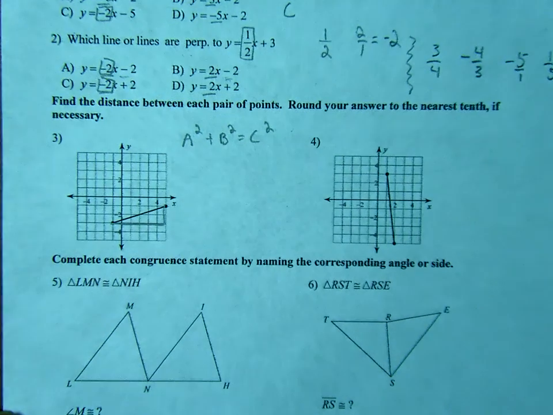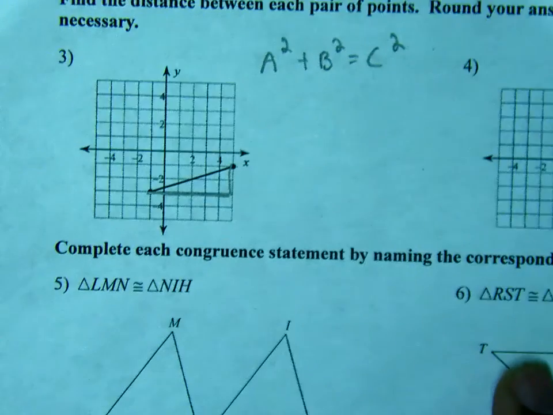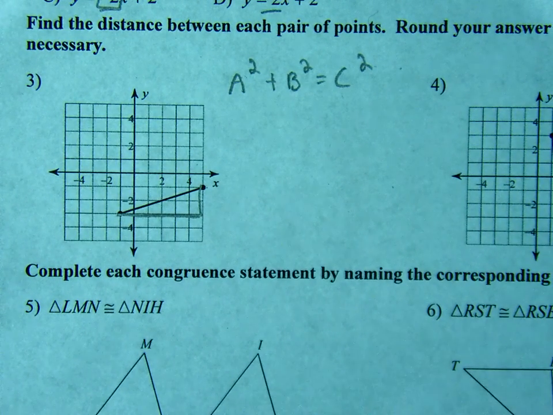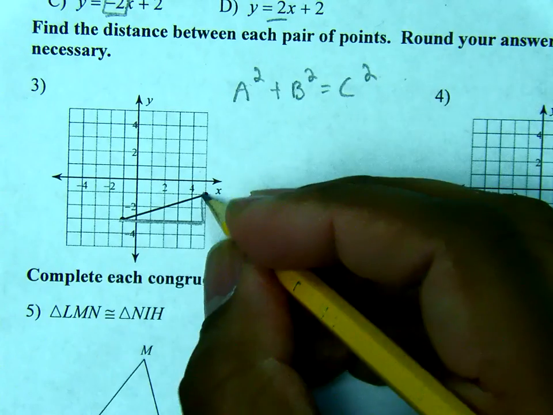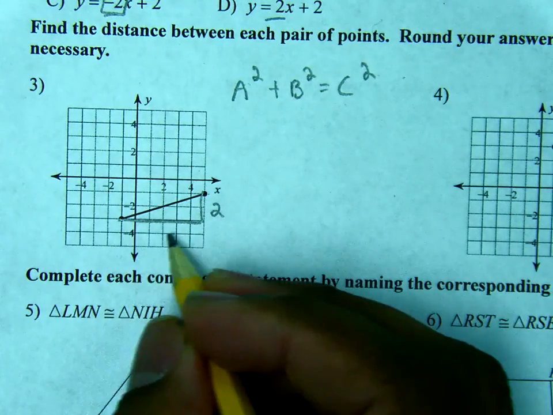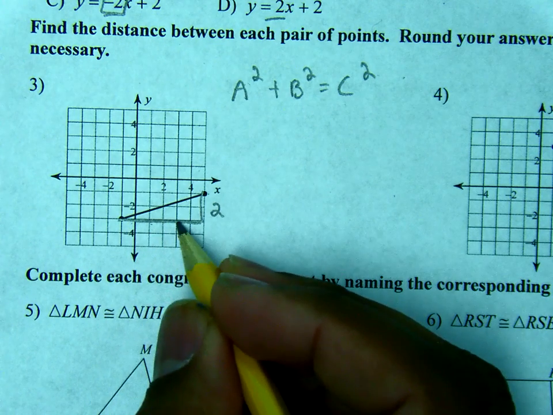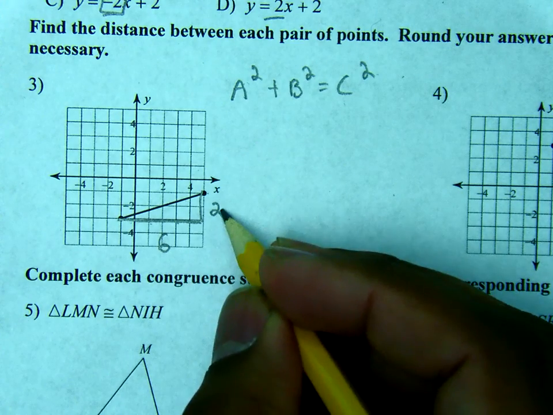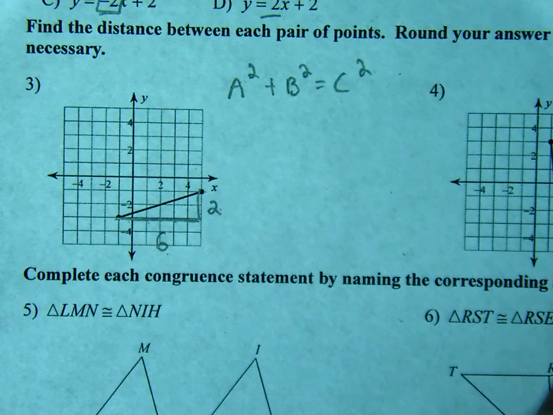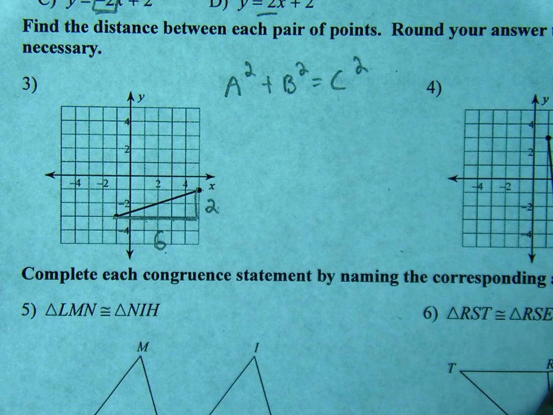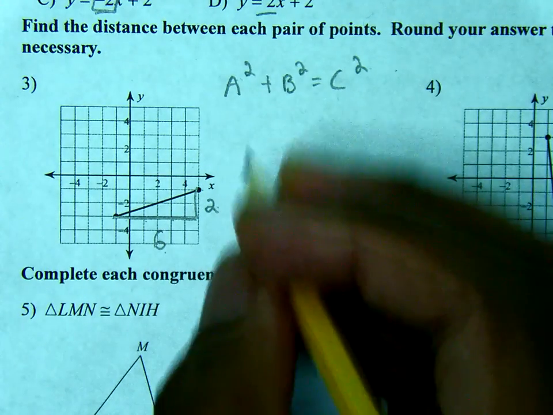Let me zoom in here so you can see more. I count this side, which is 2: 1, 2, and then count here: 1, 2, 3, 4, 5, 6. So my two sides are going to be 2 and 6. I plug those two sides into the formula.